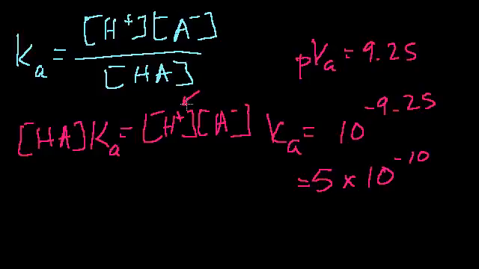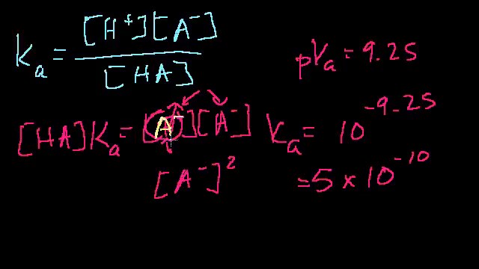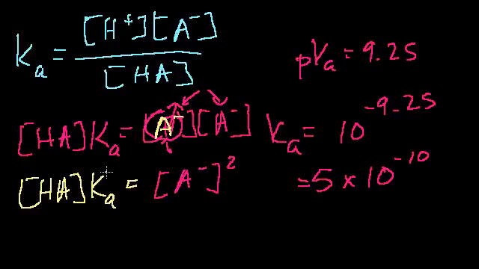So these two things are going to be equal, right? So you could even say that the concentration of hydrogen is the same thing as the concentration of A minus, the conjugate base. They're going to be equal. So the concentration of the conjugate base squared is equal to your concentration of your acid times your equilibrium constant.